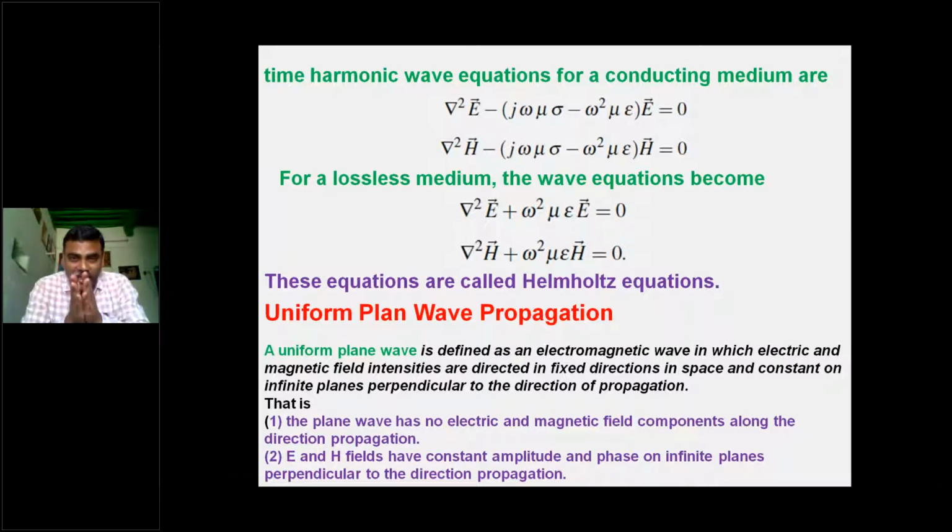And here that particular constant ω²με in the lossless media is called the phase shift constant, and we can call that ω²με as β².